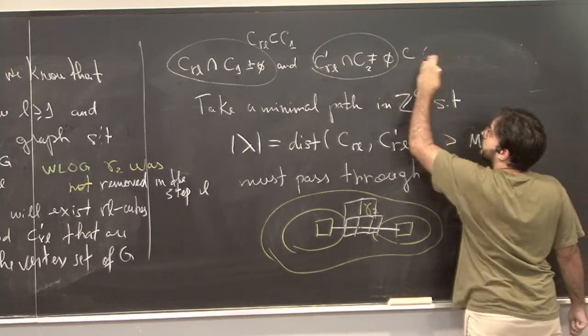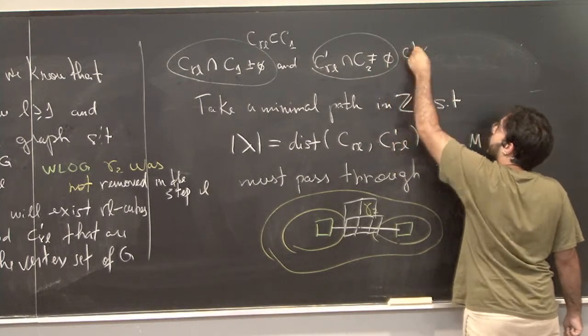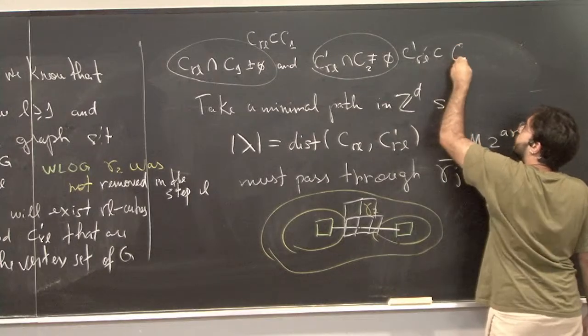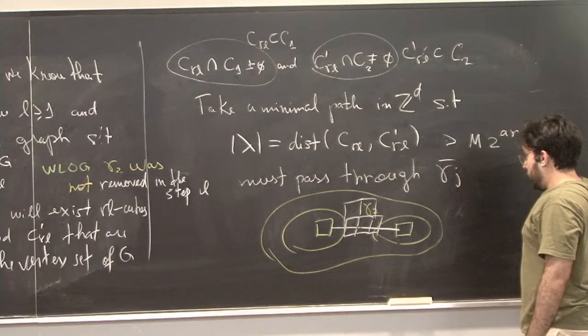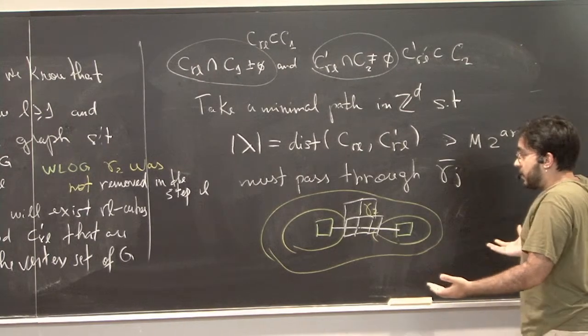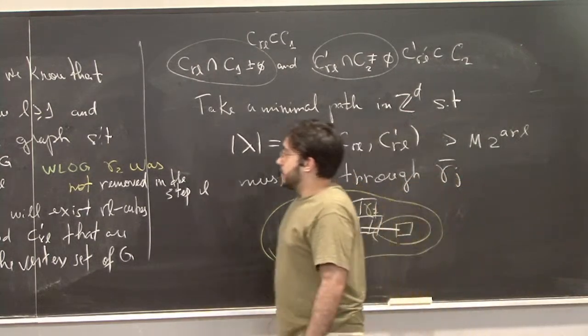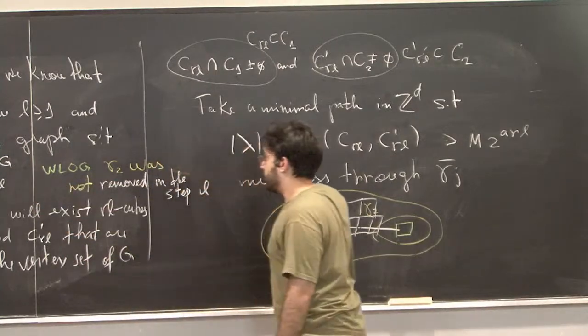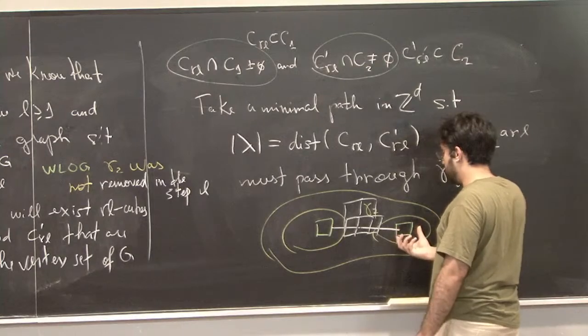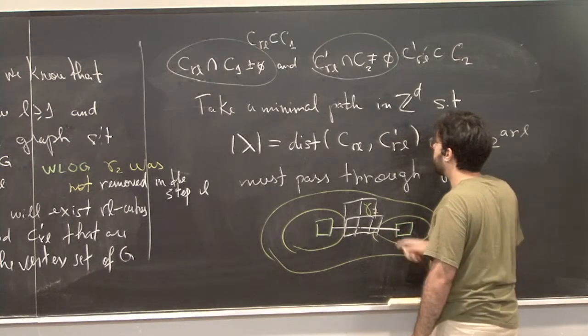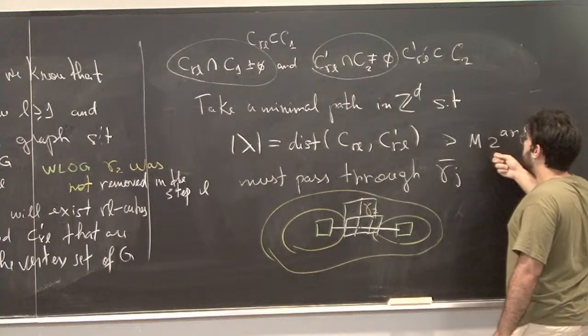Oh, sorry, this is contained. So CRL prime is contained in C2. Okay. But this works for any pair of cubes that you take from G. If you have any pair of cubes of G such that one lives in one connected component and the other one lives in another connected component, then you get that their distance is larger than this.